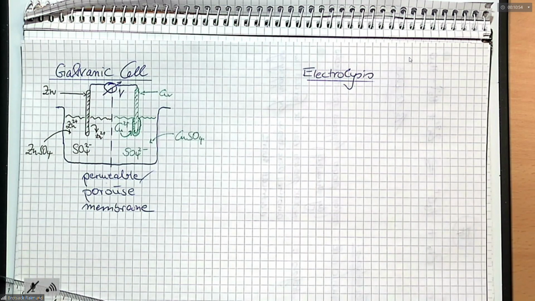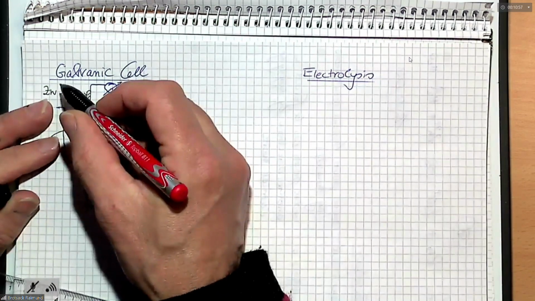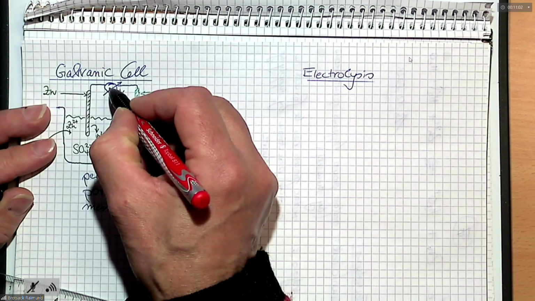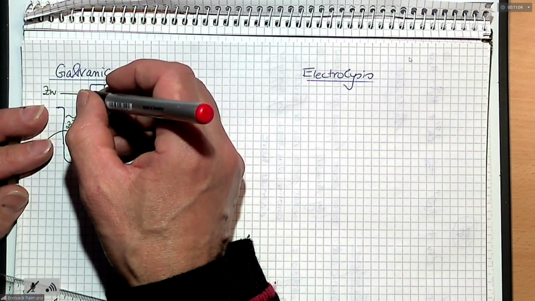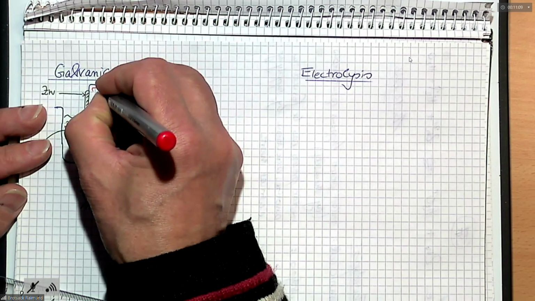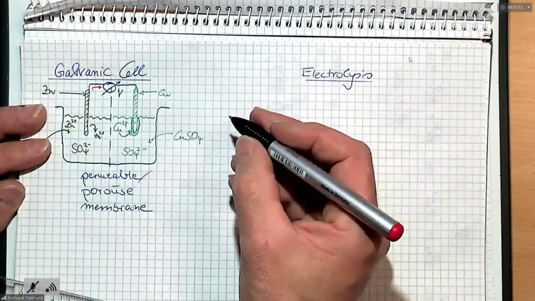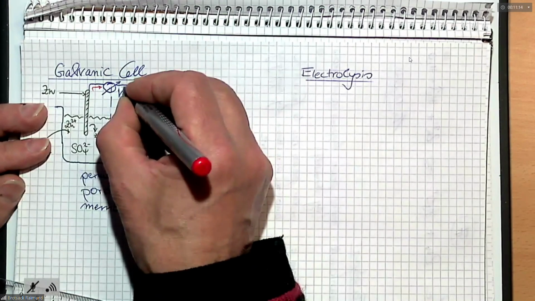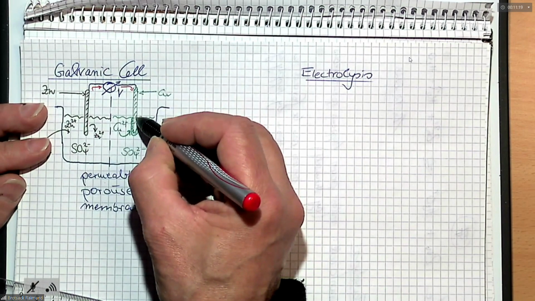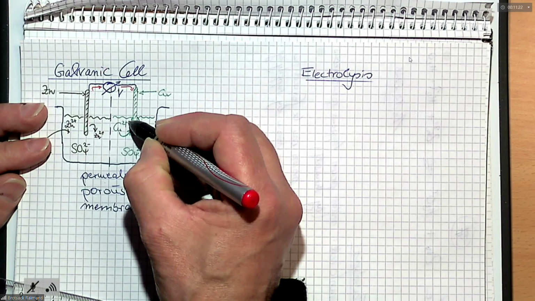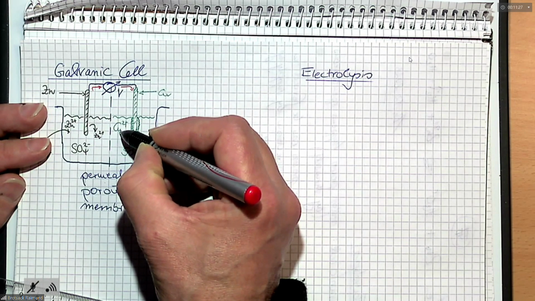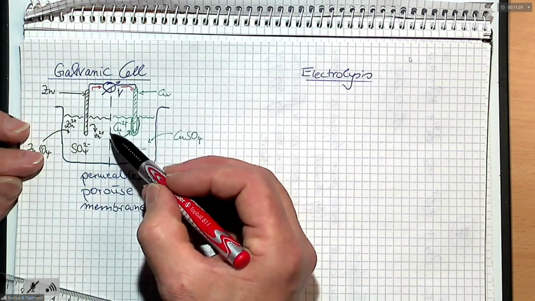And that can work because, by the oxidation of zinc to zinc 2 plus, electrons are released, and these electrons can now move via the electrical wiring to the right side where we have the copper electrode, and here those electrons can be used to reduce copper 2 plus to form additional elementary copper.